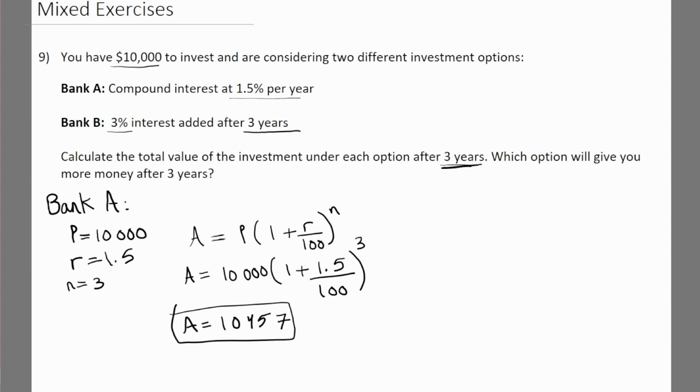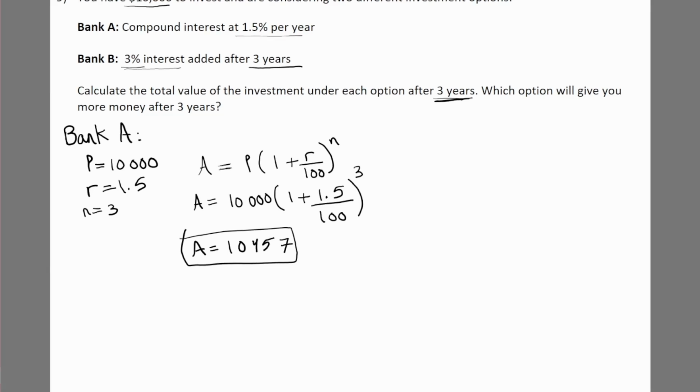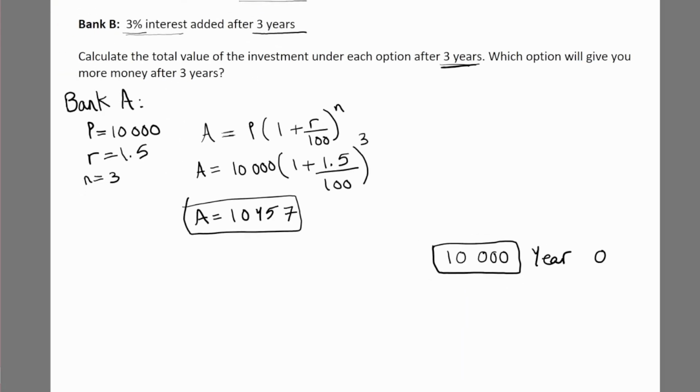Now let's take a look at how Bank B works. You need to understand, this says 3% interest added after 3 years. So basically, you have $10,000 during year 0. At the end of year 1, you will have the exact same money, 10,000.